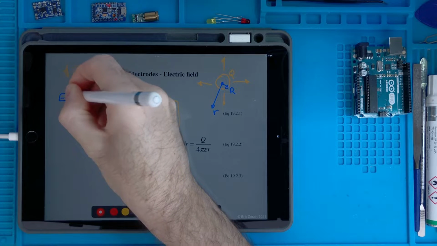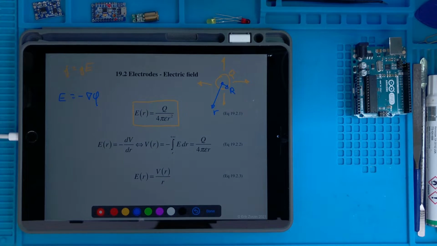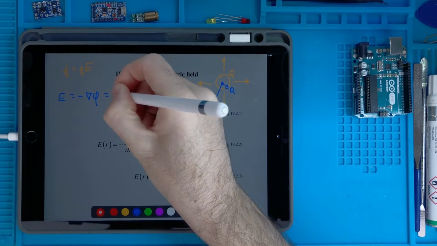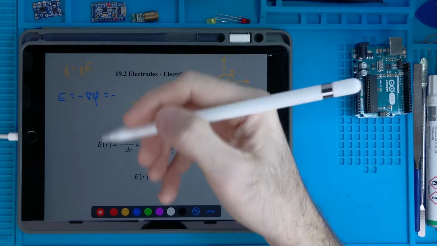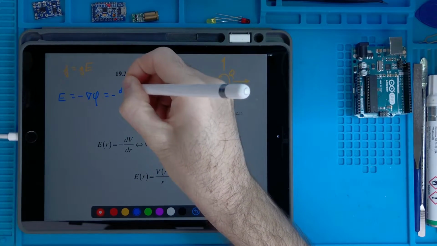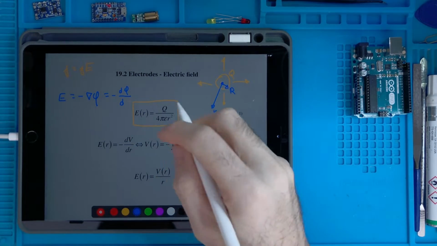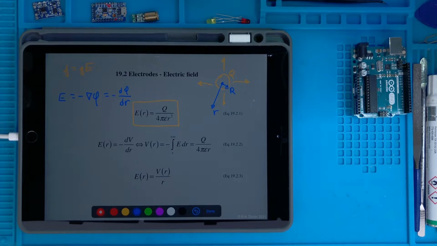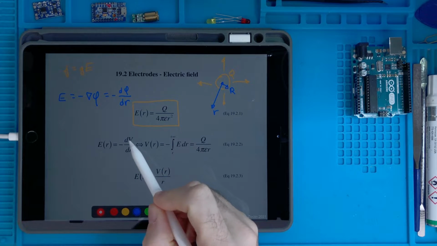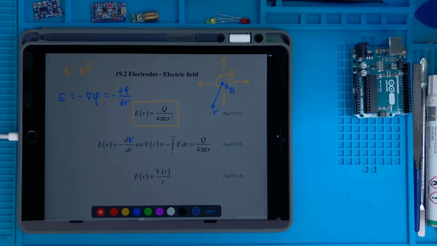The electric field is minus the gradient of the potential. And in one dimension this is a derivative along that direction, so it's minus dphi over dr. Now we call V this voltage potential.